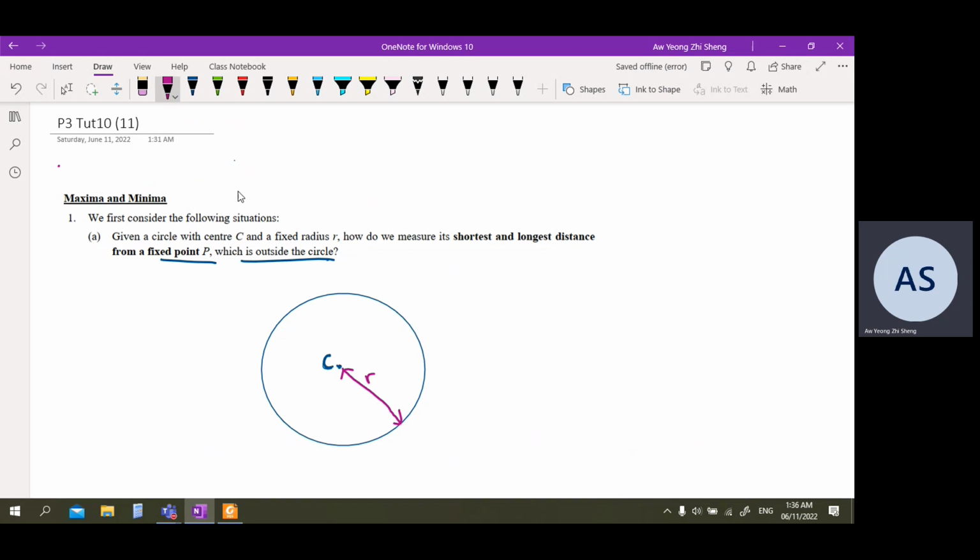And so they say there is a point P which is outside the circle. That point P can be anywhere outside the circle. I'll just put it randomly here.